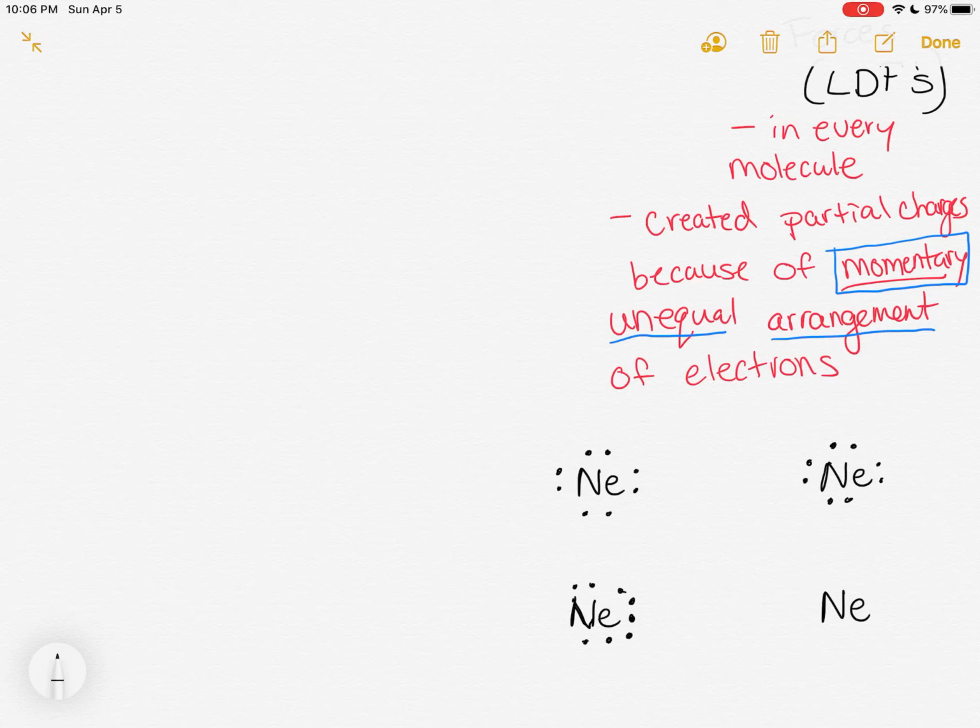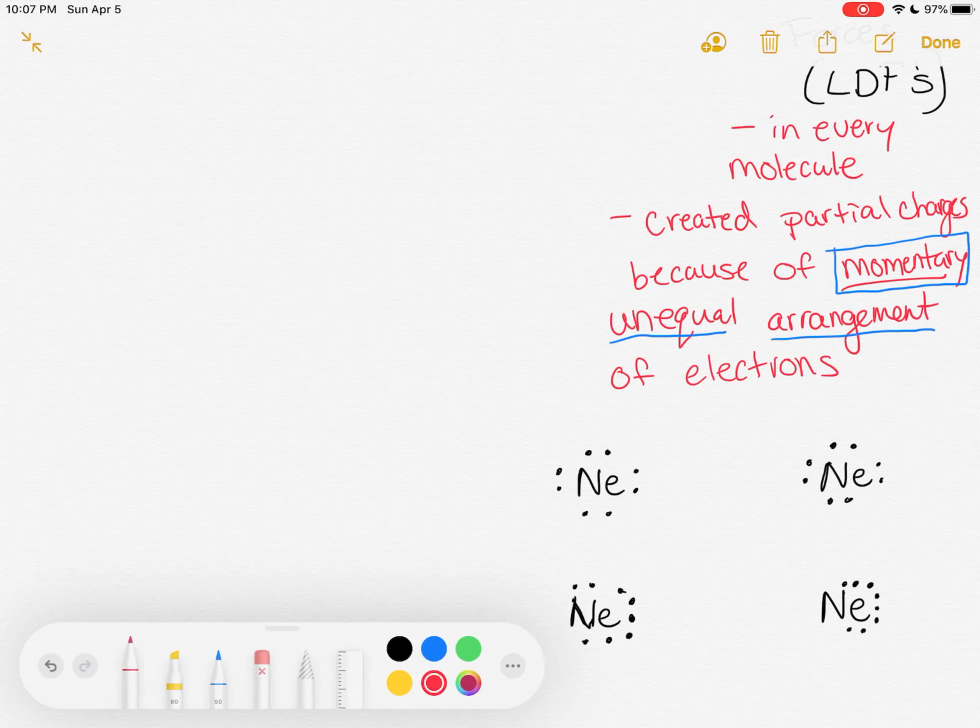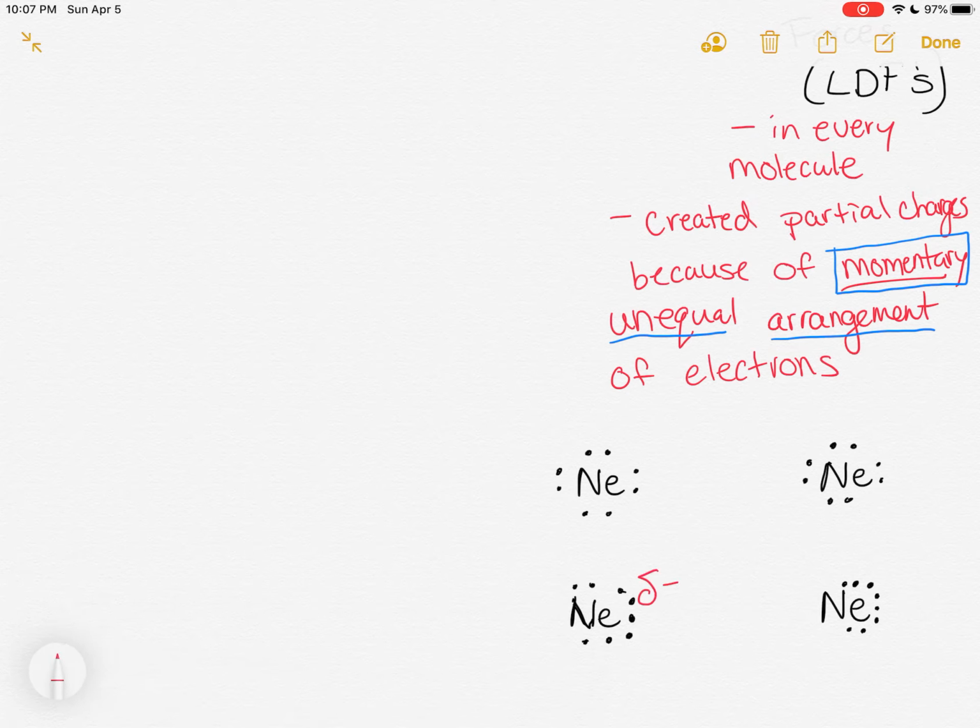Only in this neon atom on the left, most of the electrons are located on the right side of the atom. And the same thing is happening in our neon atom on the right. So for this split second in time, this side of the neon atom is partially negative, and the other side is partially positive.